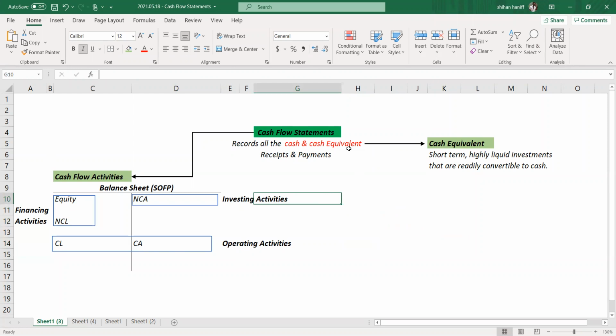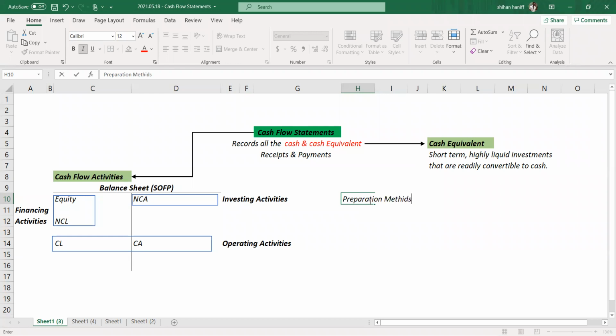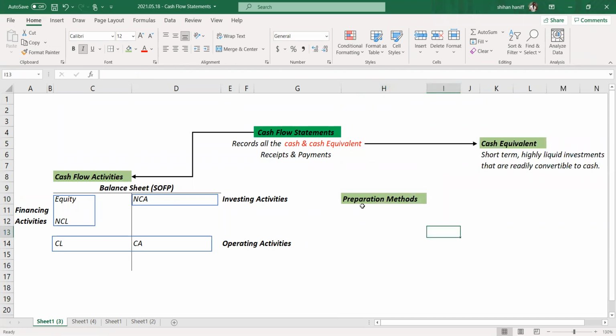Then the third part, the cash flow statement preparation methods.